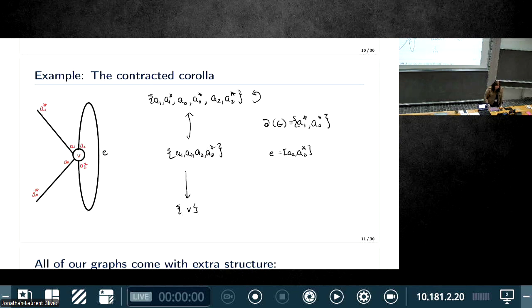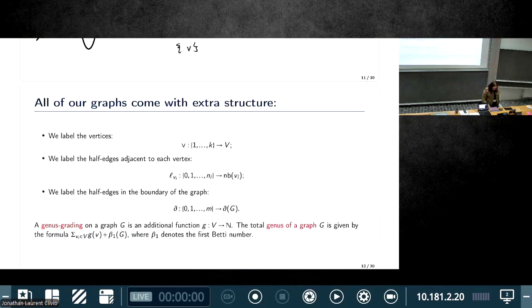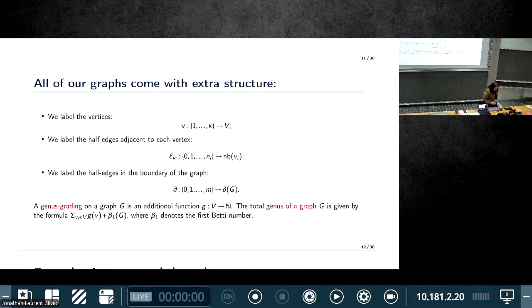In fact, I want every graph to come with extra structure. Some of this is overkill, and this is not the way we did it in the paper, but it's very useful for defining the topological stuff that we'll be doing later. On the one hand, you have to carry around a bunch of information, and on the other hand, you get a bunch of information.